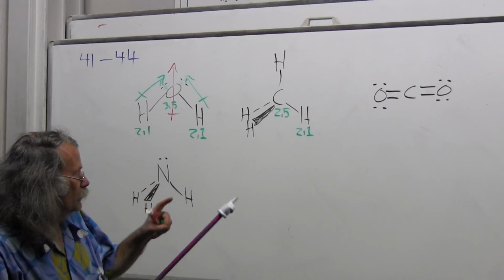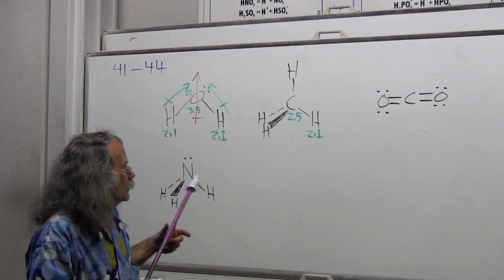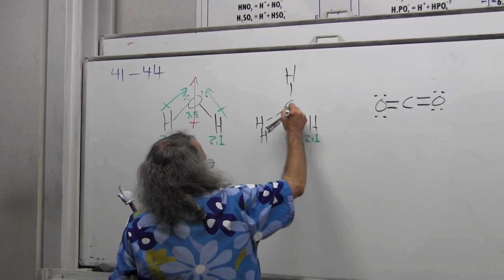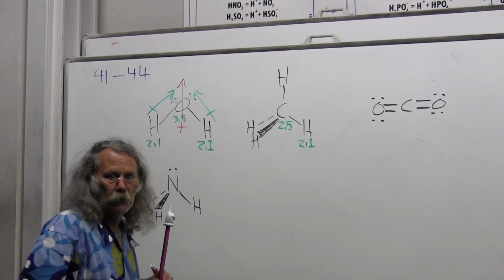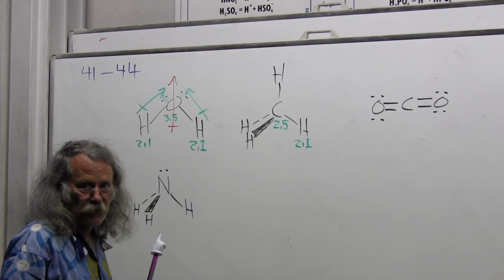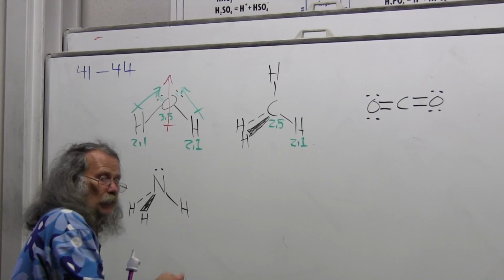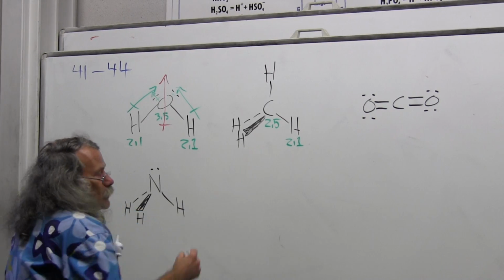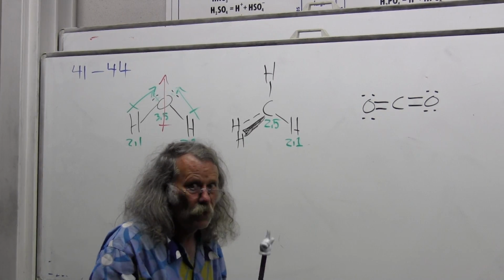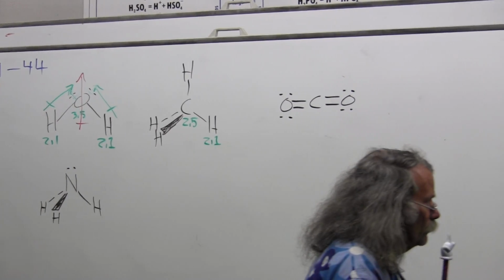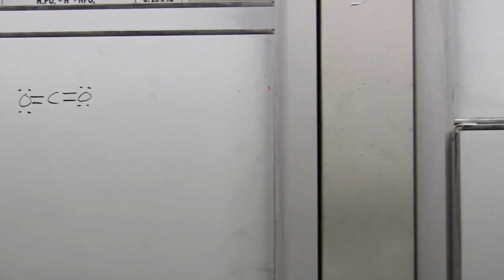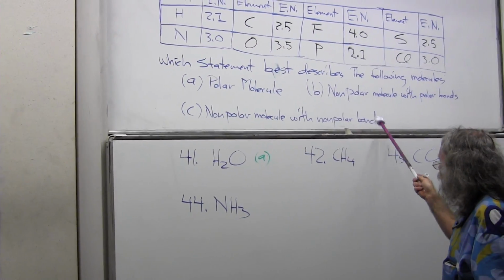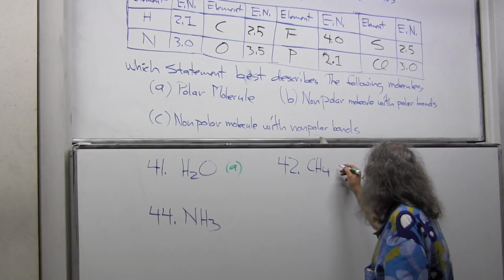This would give a net dipole going this way, and this would give a net dipole going that way, and so they would cancel each other out. So the geometric considerations would be enough. But right now we knew that before we got there, because the electronegativity difference was not substantial enough. So this is a nonpolar molecule with nonpolar bonds. That is option C.